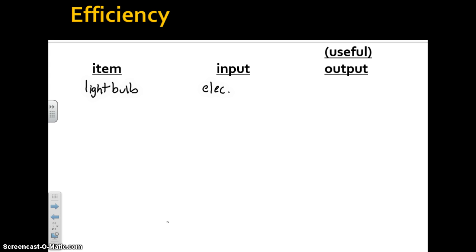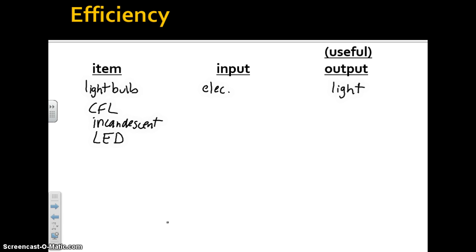My useful output will be what I want to get out of it. It's pretty straightforward: I just want some light. Let's look at examples. I actually looked up some information here. You have a compact fluorescent, you have an incandescent, which is your old school light bulb, and then what's called a light emitting diode, or an LED.